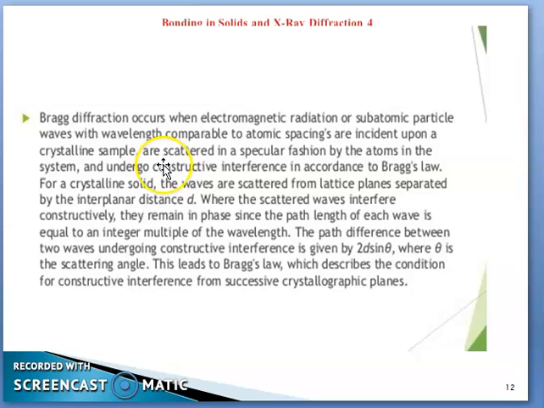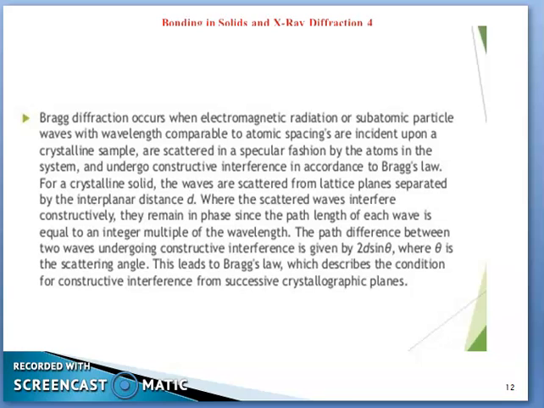In this way, Bragg's diffraction occurs when electromagnetic radiation or subatomic particle waves with wavelength comparable to atomic spacings are incident upon a crystalline sample, are scattered in a specular fashion by the atoms in the system, and undergo constructive interference in accordance with Bragg's law.